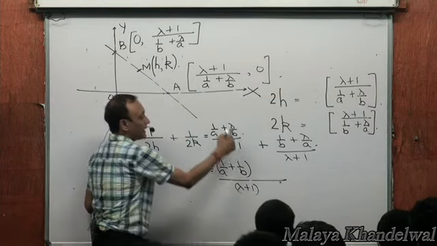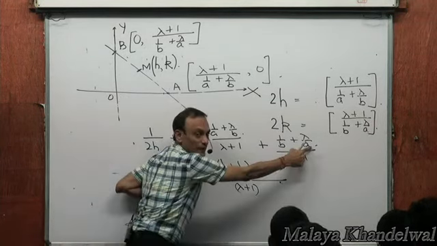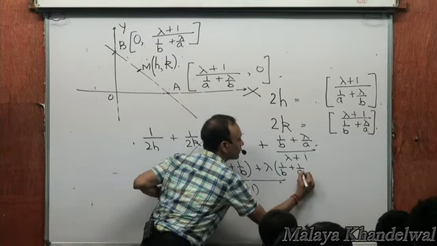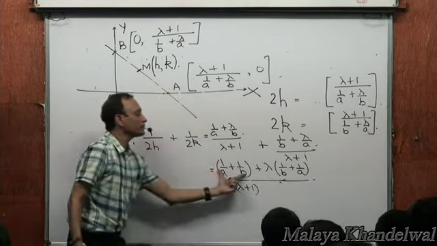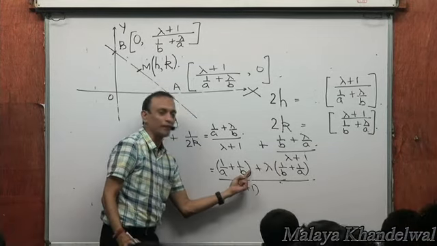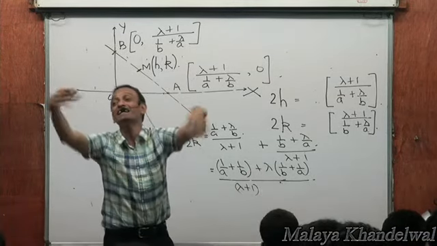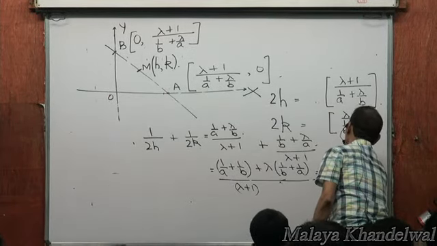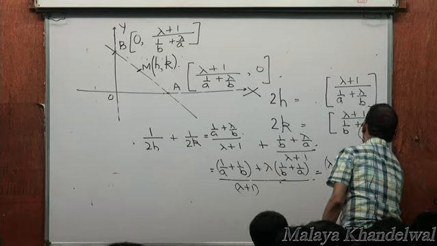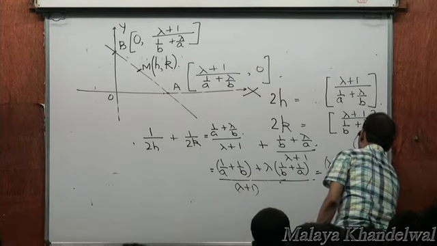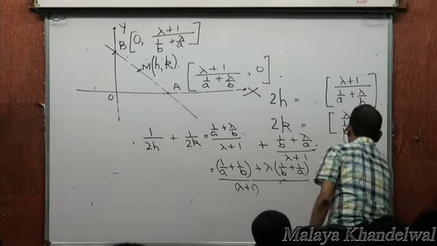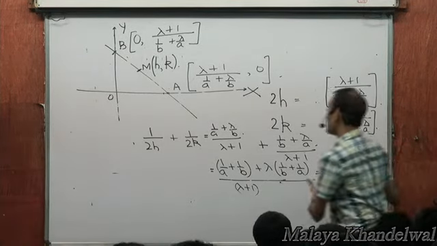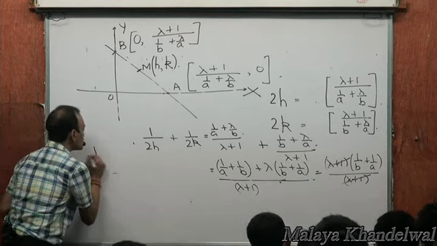Then lambda into 1 by b plus 1 by a. Take 1 by a plus 1 by b common, you'll be left with lambda plus 1. Lambda plus 1 automatically gets eliminated. Do you see that? So this is lambda plus 1 into 1 by b plus 1 by a divided by lambda plus 1. There goes lambda for a six. Yes or no? So we have a relationship which does not contain lambda.